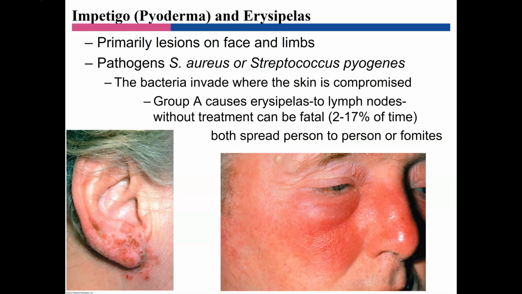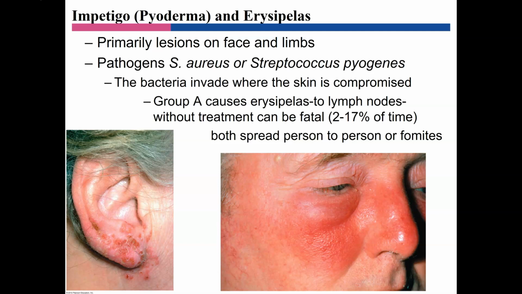So that's actually quite a high fatality rate with this infection if you don't treat it with antimicrobials to protect the individual. It's not nearly as contagious as the virus SARS-CoV-2, but it is more deadly. Both of these are skin infections. Impetigo is not fatal, but erysipelas might be.